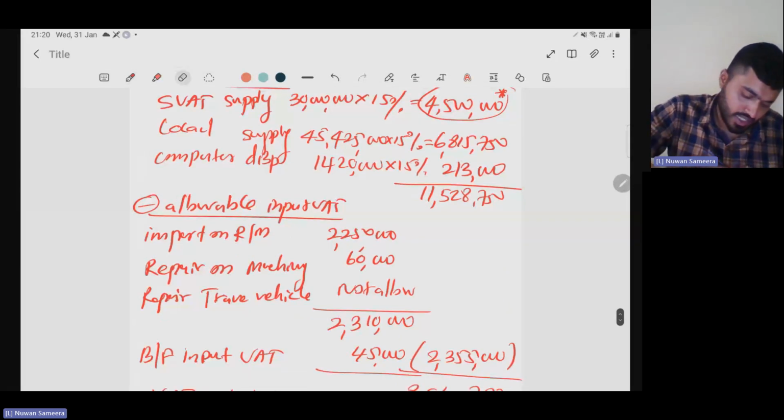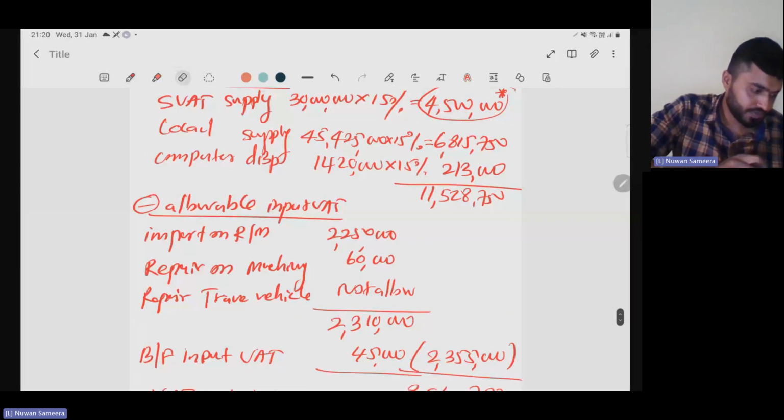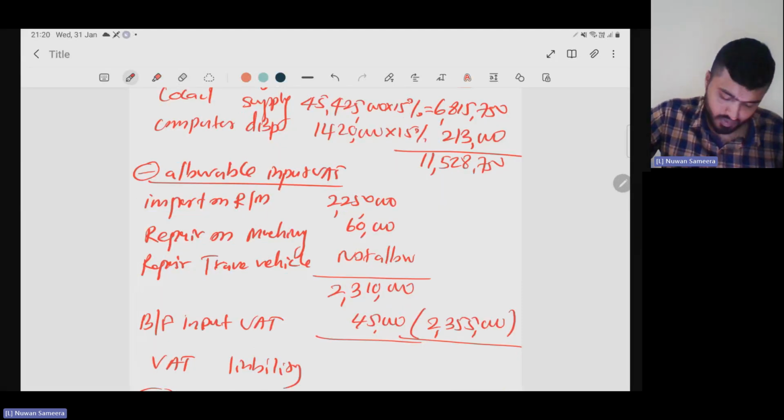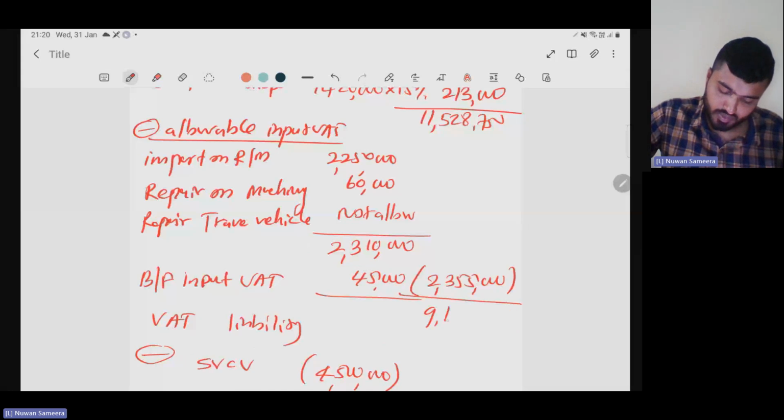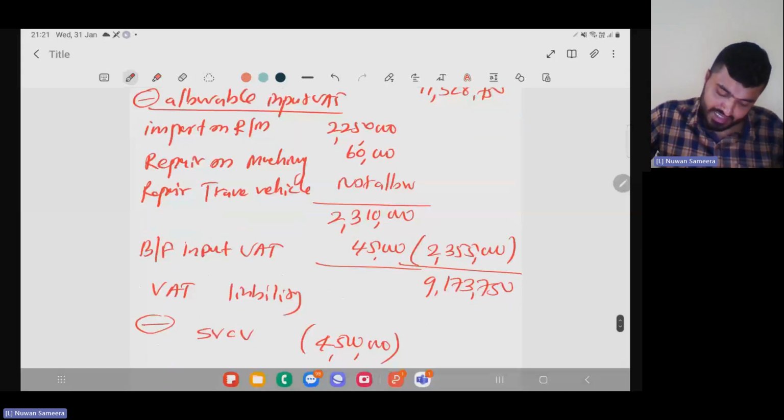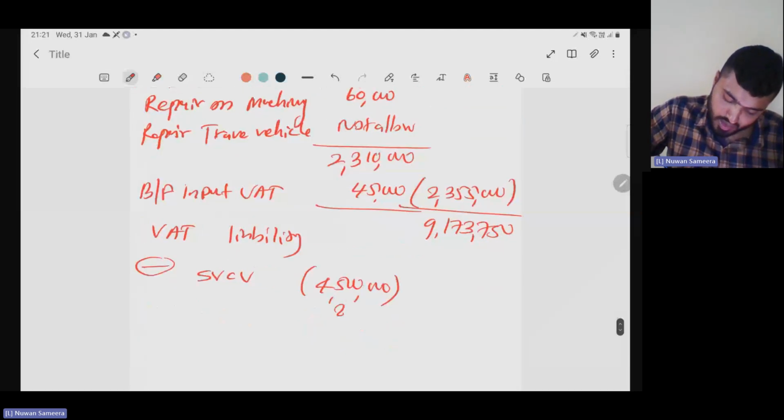So now we also change. Now you can deduct any VAT installment paid, 800,000. So that also you can deduct.